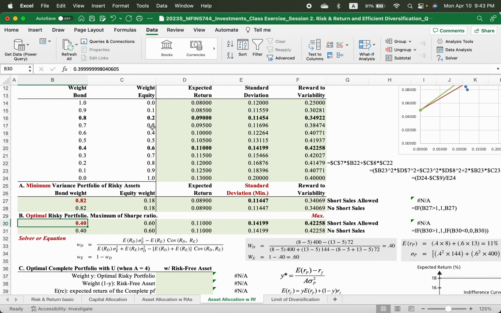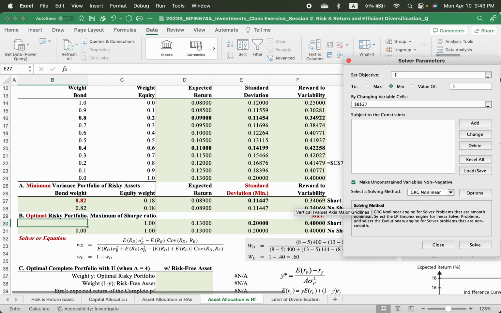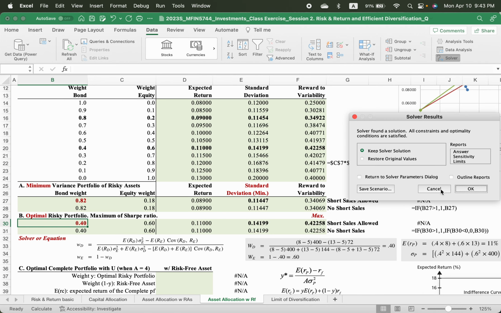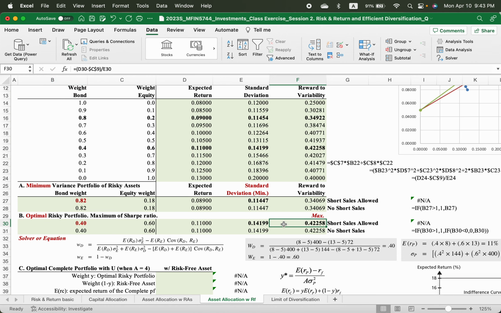So now let's calculate here using the solver. Set the objective of here the maximum Sharpe ratio, by changing the cell of this optimal risk portfolio weight of debt, and solve. And okay, so we have this optimal risk portfolio weight, where we found the maximum of the Sharpe ratio, 42%, right?